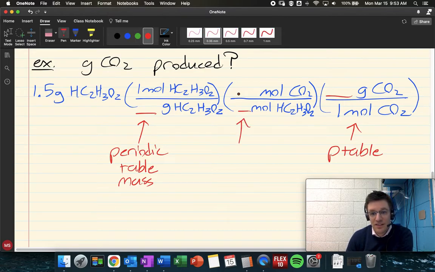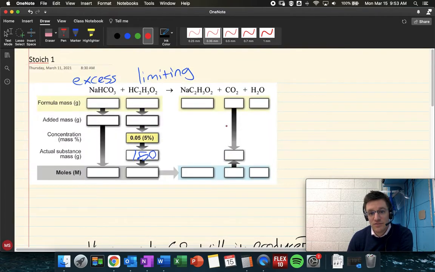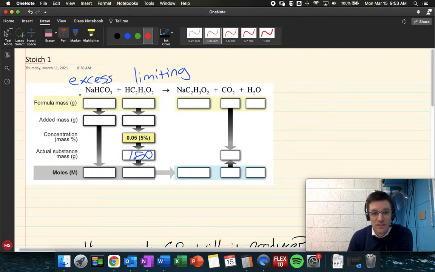Okay, this and this. From the balanced chemical equation. Now we actually have that up above in our notes. It's right here. Okay, this is the balanced chemical equation hiding on top.